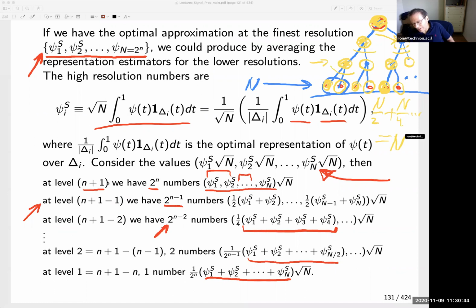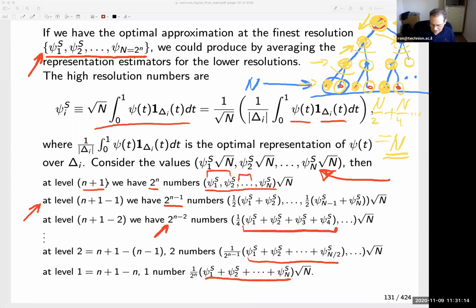So I've provided the same number of coefficients, but the order by which I provided them allowed me to, first of all, capture the coarse resolution, the constant. Then the next one allowed me to split my domain into 2. Then the next 2 coefficients allow me to split my subdomains into 2. The next 4 allowed me to split my subdomains into 2, etc., etc.